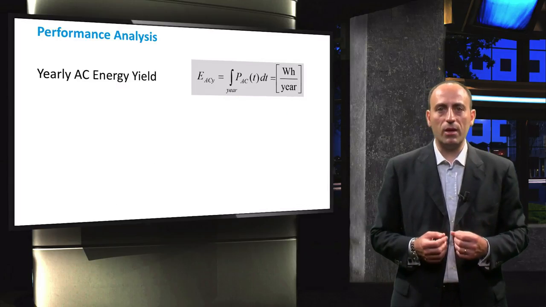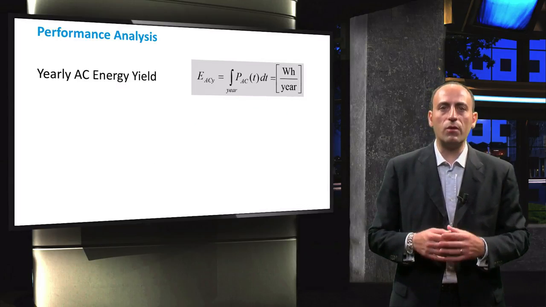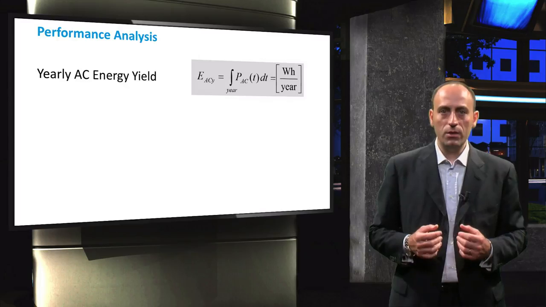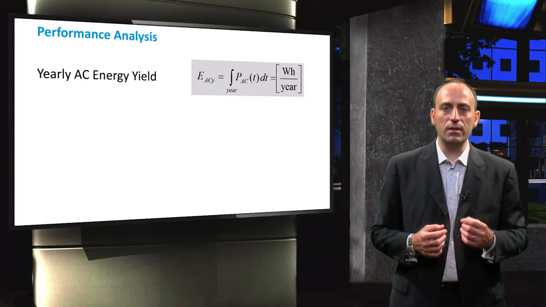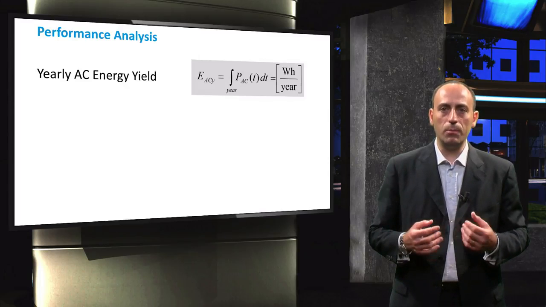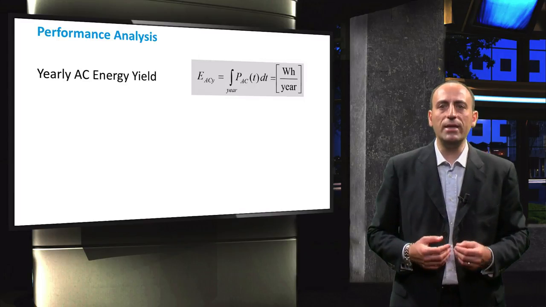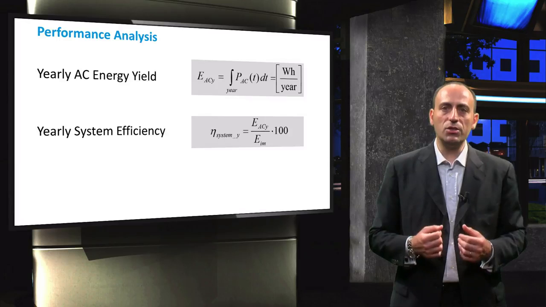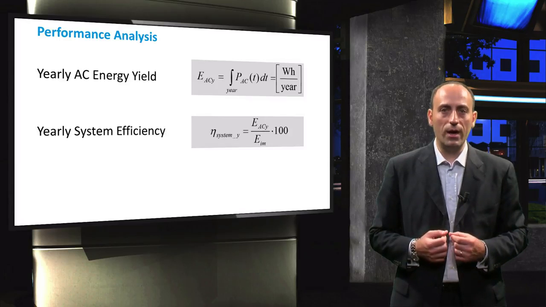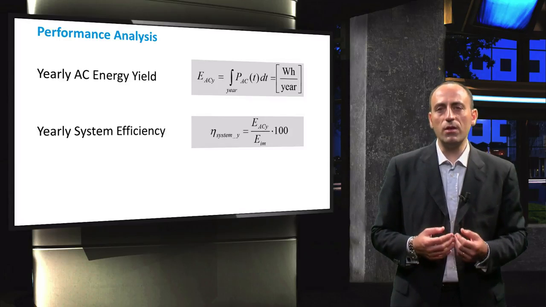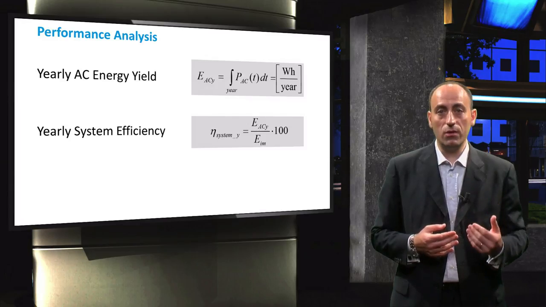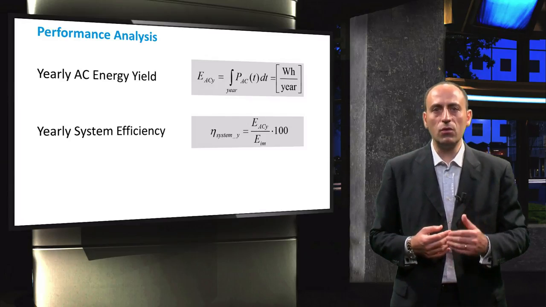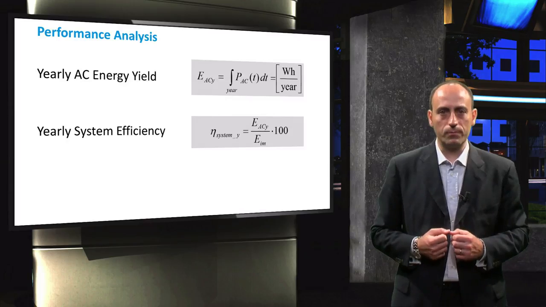The next set of parameters considers the performance over a time period of a year. The annual AC energy yield, EACY, generated by the PV system, is obtained by integrating the instantaneous AC power. The yearly efficiency of the system, eta system Y, is calculated by considering the ratio between the AC yearly energy yield and the total irradiance reaching the module.